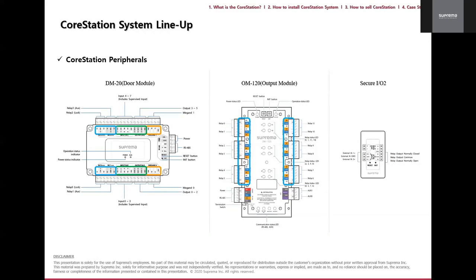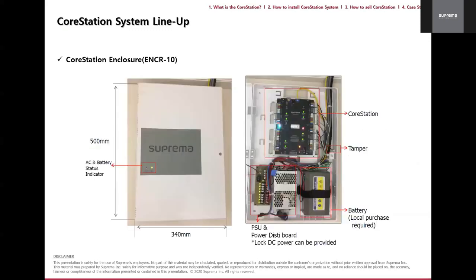And of course, you have the multiple relays on the OM120 to control as many doors. In total, it comes with 12. And of course, you have the Secure IO, which is limited to 2 inputs and 1 relay.